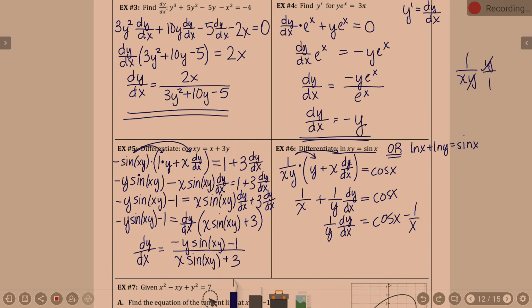Best way to get rid of 1 over y is to multiply by the reciprocal. What's the reciprocal of 1 over y? y. What you will likely see written is y times parentheses cosine x minus 1 over x. You probably won't necessarily see it distributed.